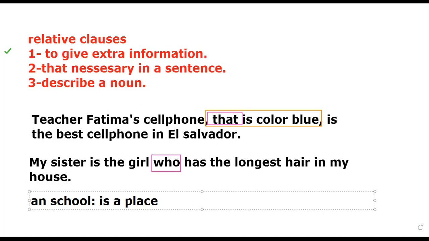Which, what, which, where, that, who, where, porque son lugares que estoy describiendo. And school is a place where. ¿Qué me dice? Okay.